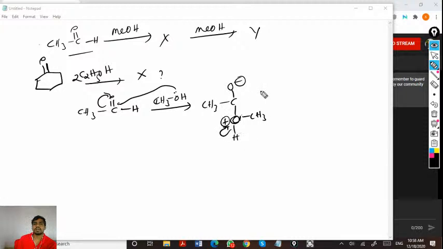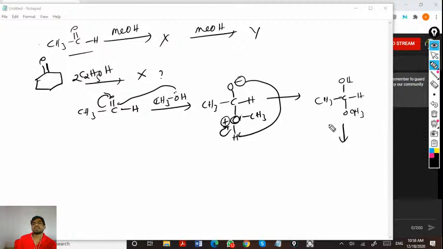So H plus will move towards the O minus, and this becomes OH, H, and OCH3. So this is X, which is the hemiacetal of acetaldehyde.